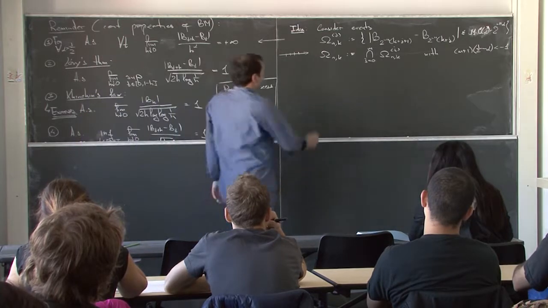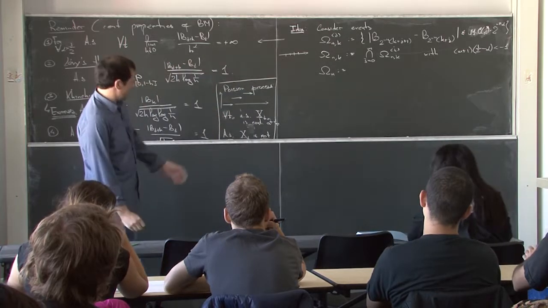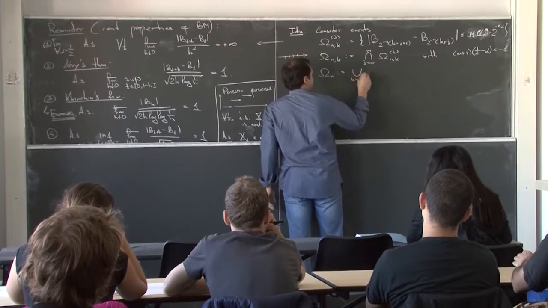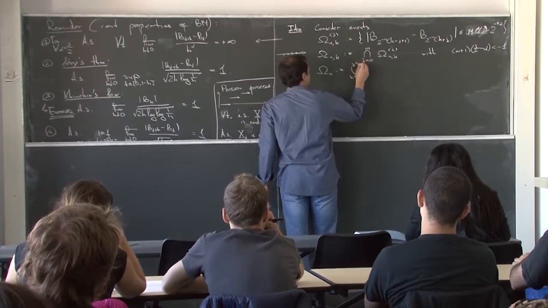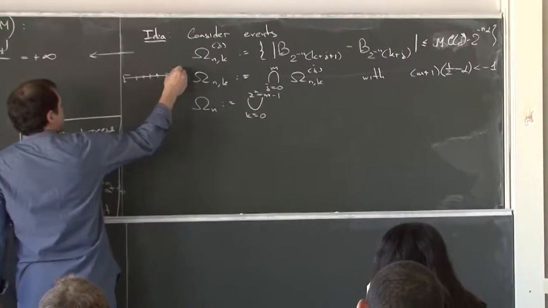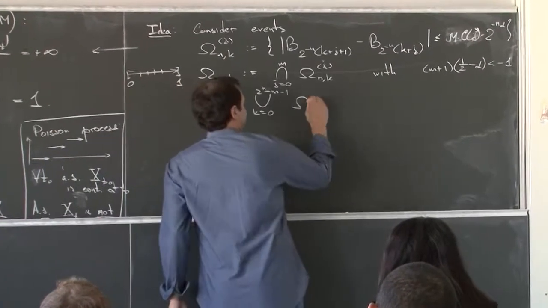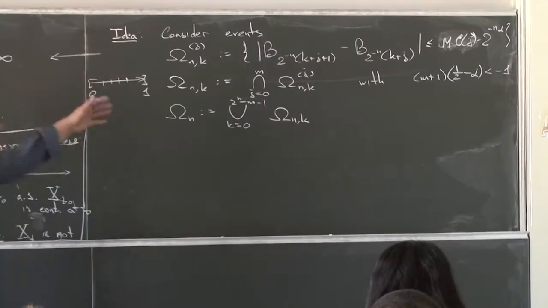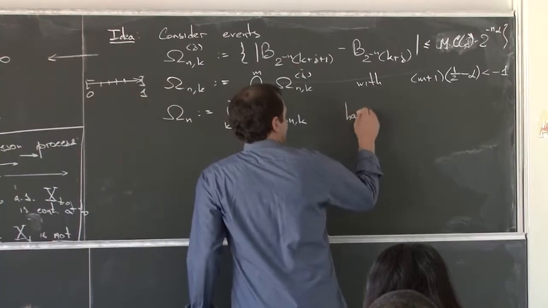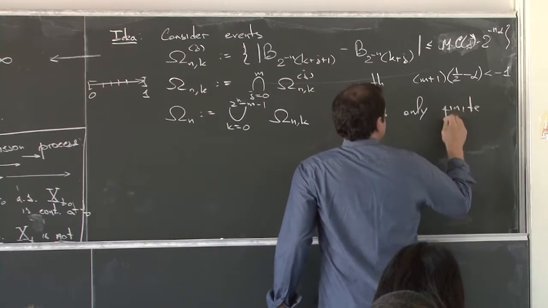And then basically, if you just later define the event that this happened at least once on the segment, then basically what Borel-Cantelli tells us is that it happens only a finite number of times.